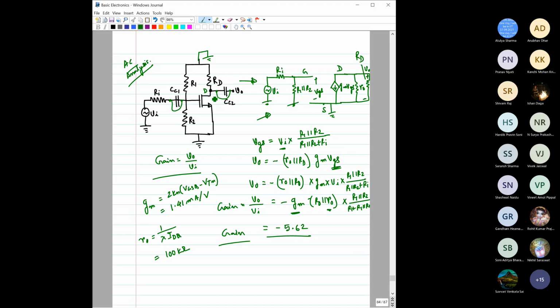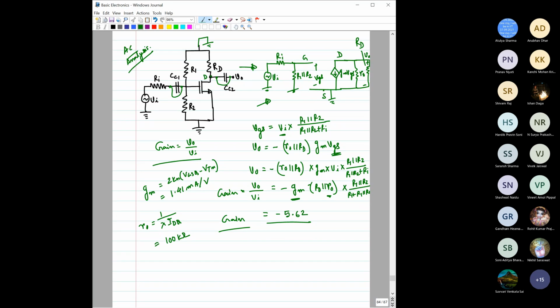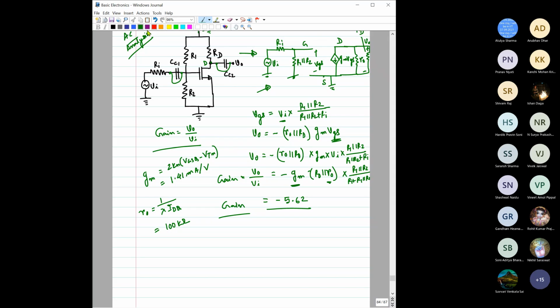And remember, for this common source, as we have discussed earlier, like the CE amplifier, there will be a 180-degree phase shift between the input and output, so the output would be out of phase compared to the input. This is quite a straightforward calculation to find the small signal gain for any circuit using MOSFET.